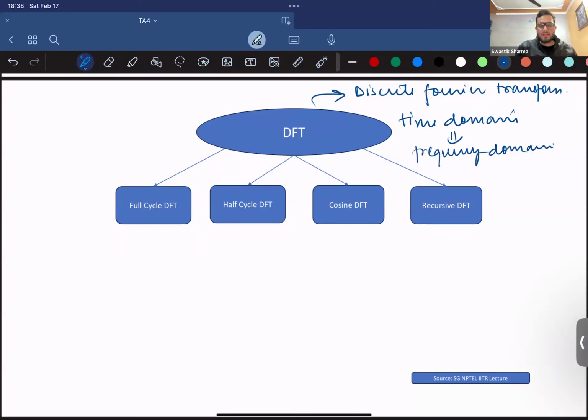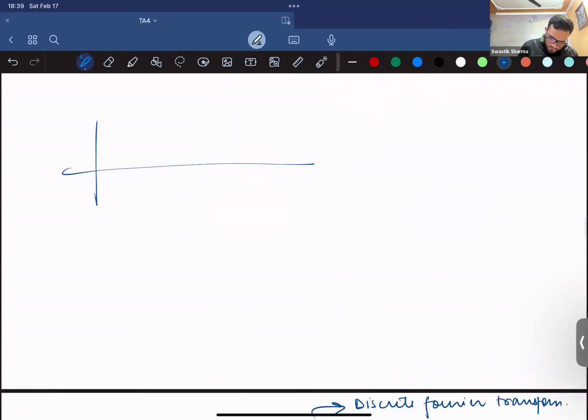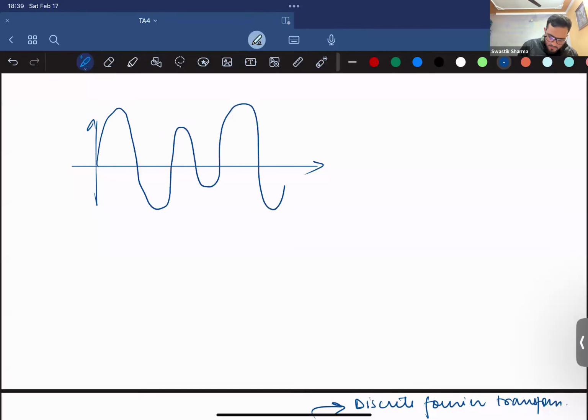When you get this data in the frequency domain, you can then use it to calculate the values associated with your fundamental frequency component. Let's say you have something like this, the signal that you are receiving in real time.